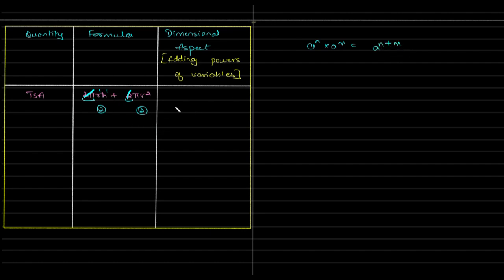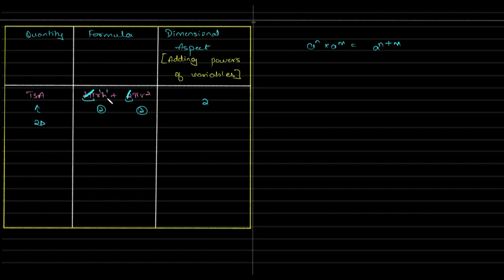So dimensionally, even though these are two different variables, we can tell that the highest power is 2. Since we know that area is of 2 dimensions, here we'll get the power to be 2. Again, we are just adding the power, that's all. Don't think too much. Forget about the constants, look only at the variables. Add the power of the variables, whatever the base may be.